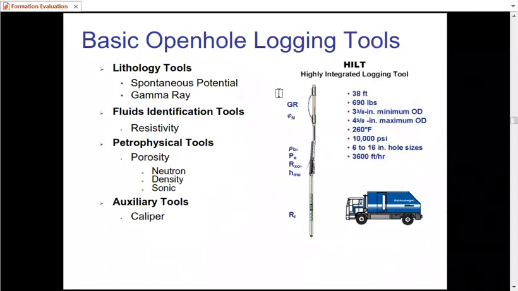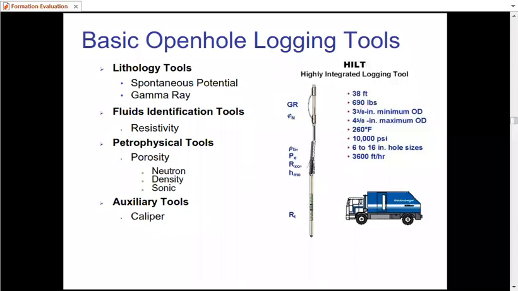And also we talked about the basic open hole logging tools. In day 1, we talked about the lithology tools, spontaneous potential SP and gamma ray. And also the fluid identification tools such as the resistivity log. And today we will cover the petrophysical tools for porosity measurement, such as the neutron, density and sonic logs.